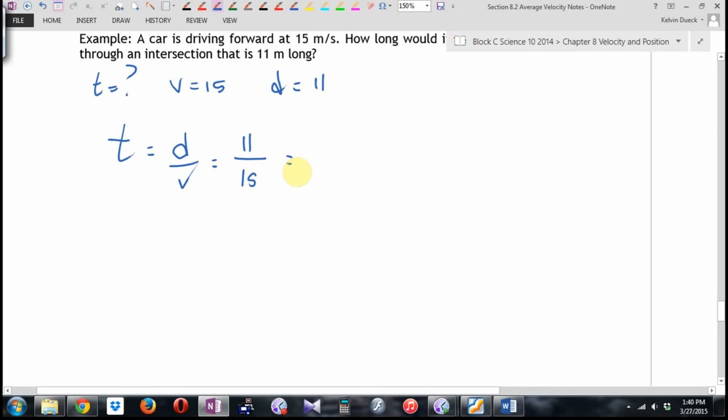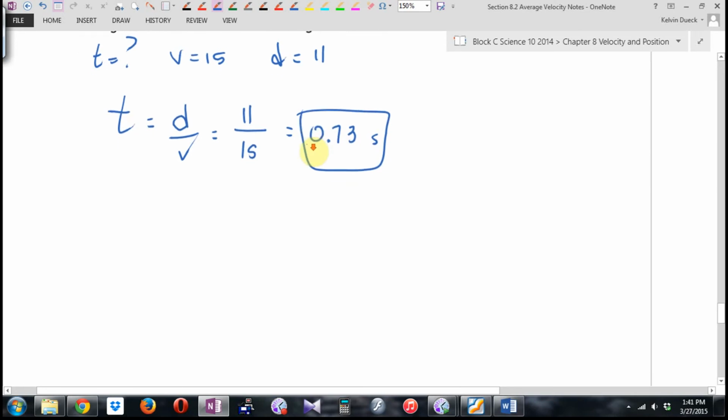Do that one in your head, Mr. Dueck. Well, maybe. 11 divided by 5 would be 5.5. Divided by 3 is going to be 1.78? What? Oh, I'm way off. What is it? 0. Units. Seconds.